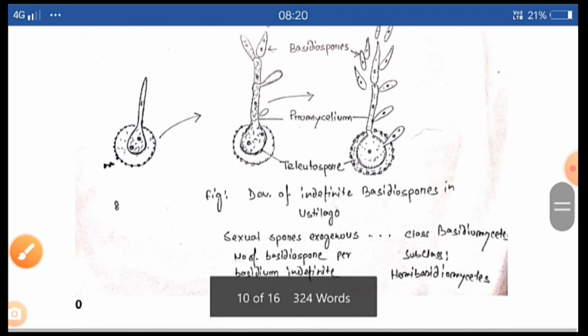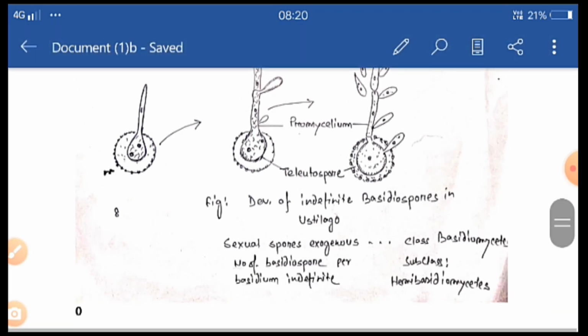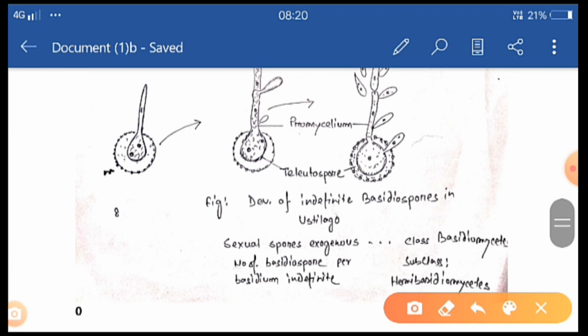Let us study this one. Here the mycelium is septate, well developed, but the spores are produced outside the body, that is exogenous production.